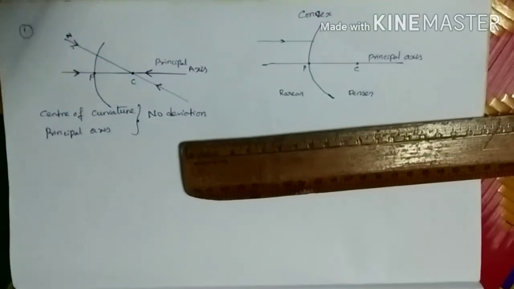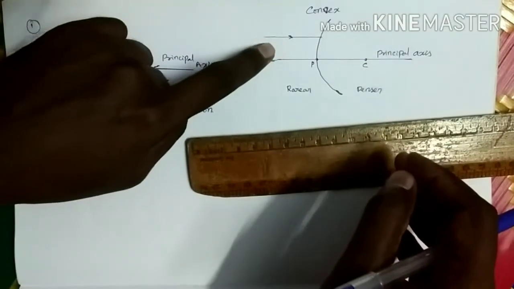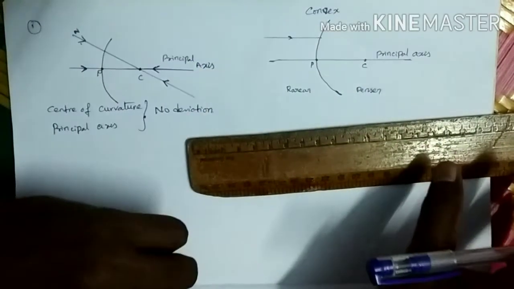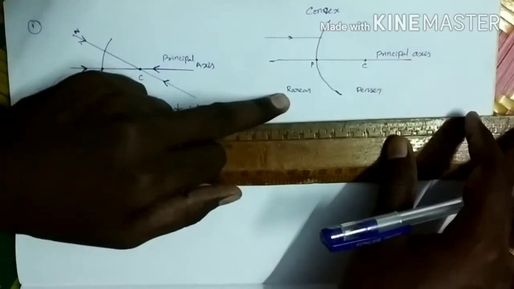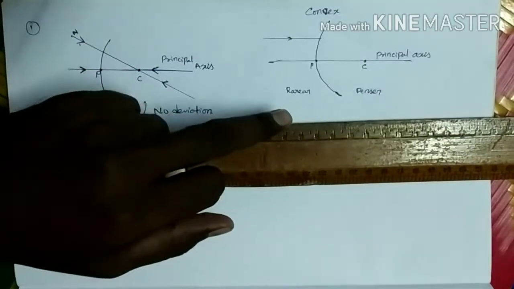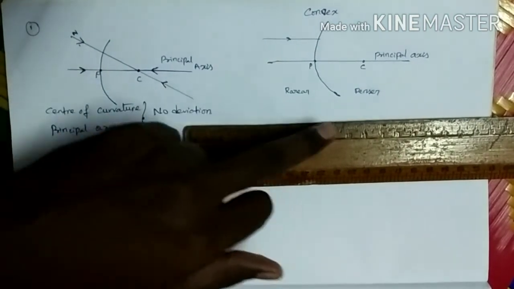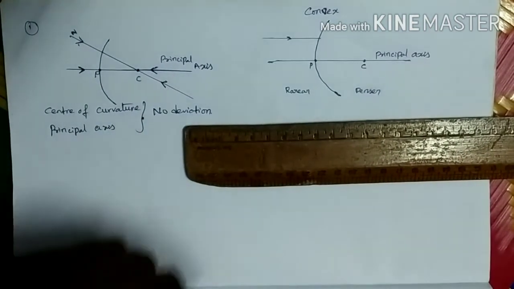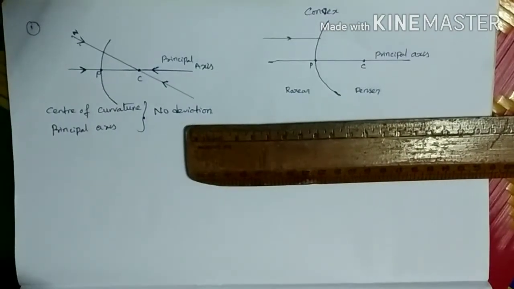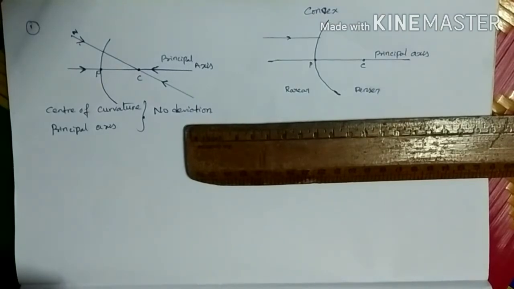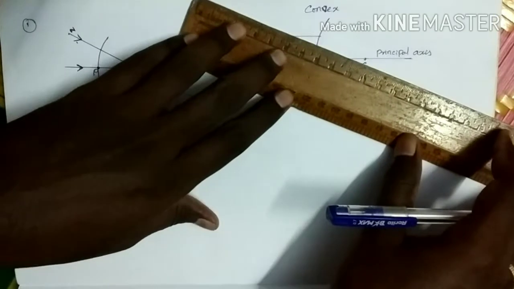Now observe carefully. Here I am sending the light parallel to the principal axis. The light is traveling from rarer medium to the denser medium. We learned in the last chapter that when the light travels from rarer medium to the denser medium, the refracted ray bends towards the normal, right? Now observe here also.